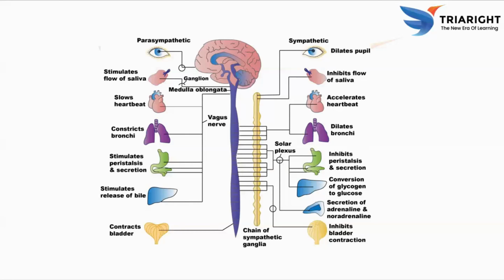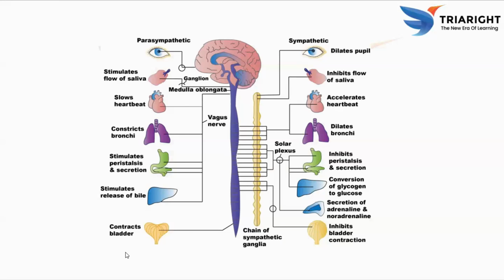Coming to the lungs, this constricts for normal breathing and over here it dilates the bronchi. In the stomach and intestines, this stimulates digestion, while that inhibits digestion. Coming to the pancreas, liver and others, they stimulate hormonal secretion, and here they convert glycogen into glucose for quick energy.